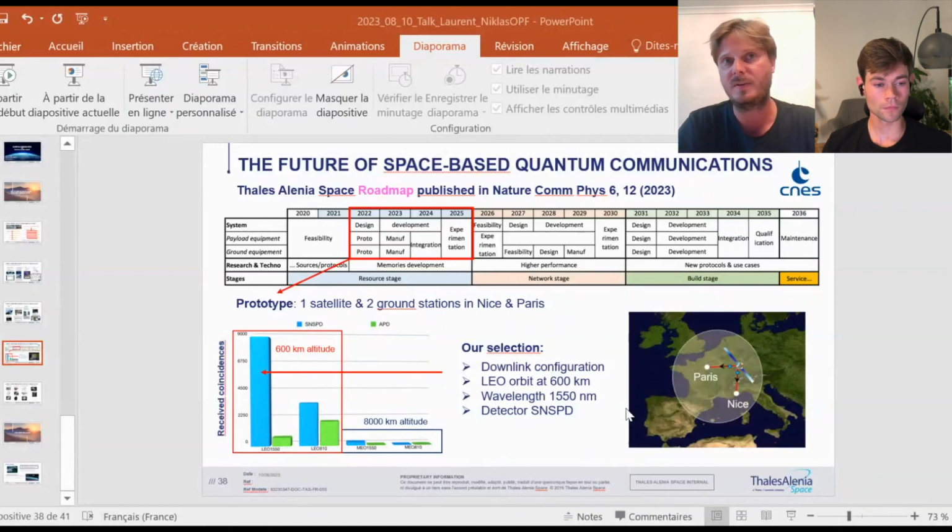The beam is very weak by essence because it's quantum. These are single photons, or pairs of photons emitted together. So the light is very weak in energy and in power. And the problem is that the higher you are, the lower the signal you receive at the ground.